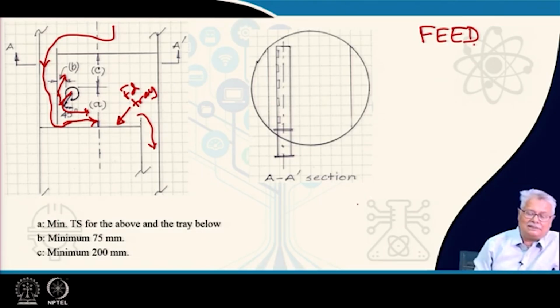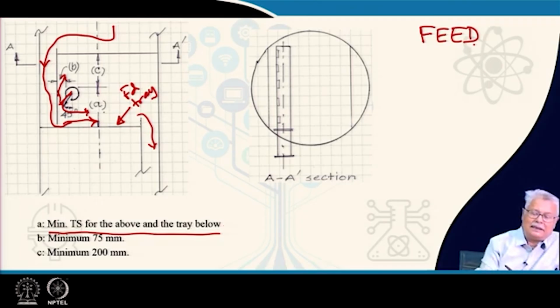Now, we come to the dimensions. How much above the bottom tray or the feed tray deck do we have to mount our feed entry nozzle? It is basically the minimum TS. That means, if the general tray to tray spacing is TS, the spacing A will be the minimum of TS, it could be even more.